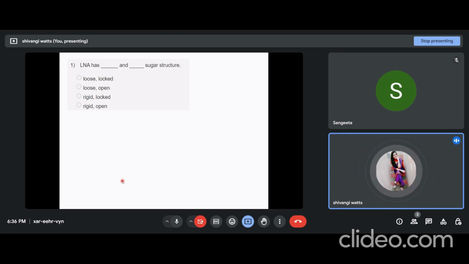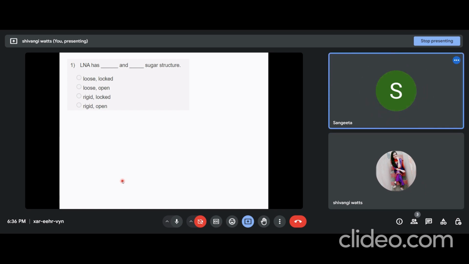The question is: LNA has dash and dash sugar structure. Do you know what LNA is? It's locked nucleic acid.